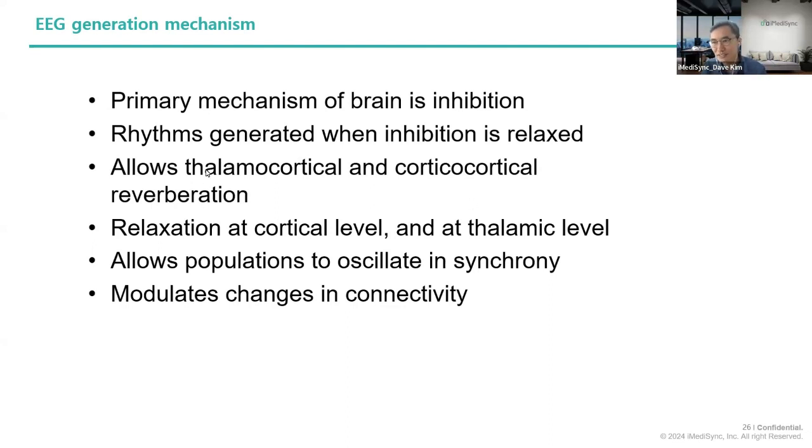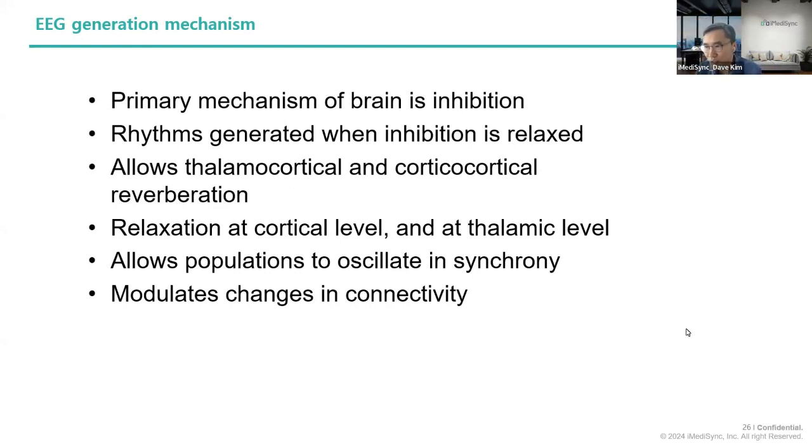So this kind of thalamocortical or cortical reverberation allows an easy rhythm, and some rhythm is made at the cortical level or thalamic level. What is important is that a big number of the neuronal population oscillate in synchrony to make a measurable change of the rhythm.